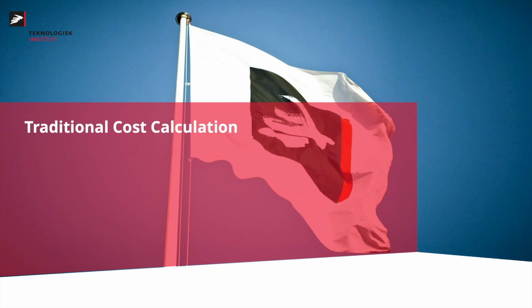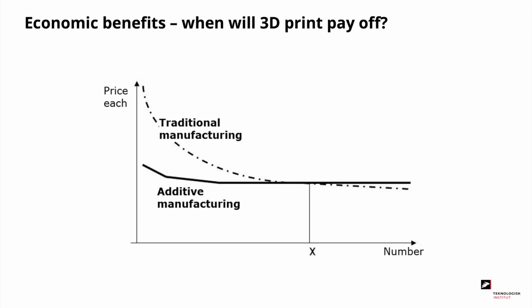First, we look at traditional cost calculation. When you have to choose between different manufacturing methods, you often make a cost calculation to judge between the alternatives you have. Here we see a typical picture of traditional manufacturing versus additive manufacturing. The dotted line shows the traditional manufacturing where you have high initial costs, while for the additive manufacturing you have lower initial costs and approximately the same cost per part no matter how many you produce.